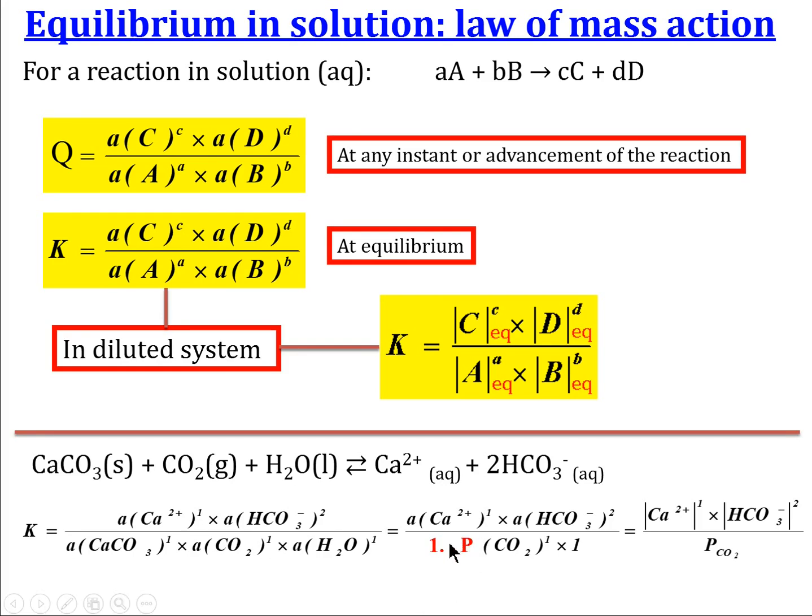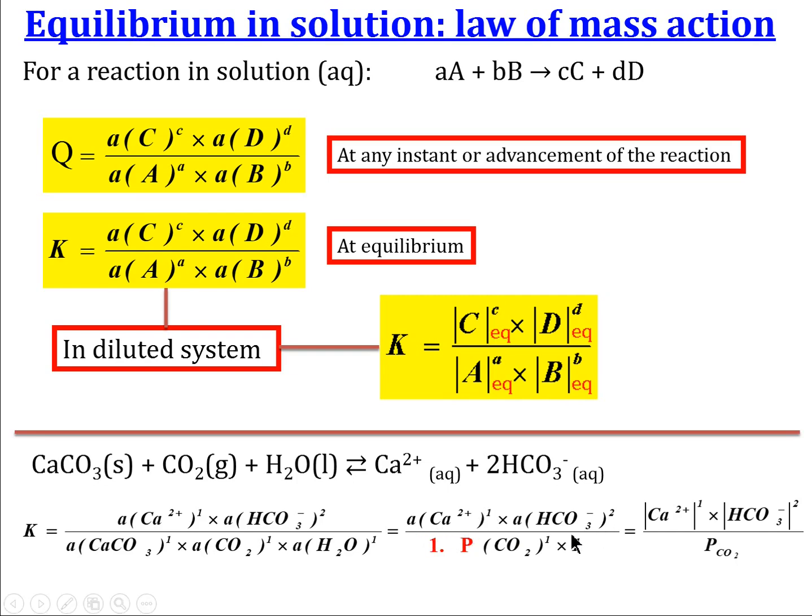For gas, we use the pressure of CO2 to the power 1, and for liquid, H2O liquid, we also said that we use by convention the activity 1. So this is the expression of K according to the activities. For very diluted solution, we pass from activity to concentration.